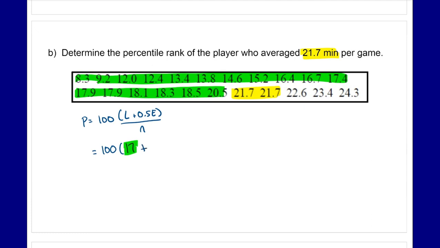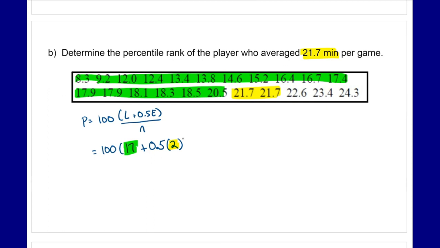We then add 0.5. So the 0.5 is just part of the equation. It's not specific to this question. You use 0.5 regardless for any calculation when finding the percentile, times E, which is the number of data points equal to what we have, in which case we have 2. Even if we had 1 data point, you could still put 1 down.